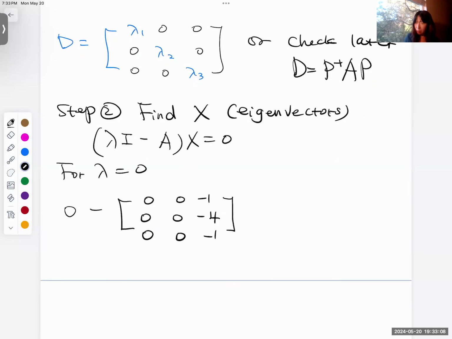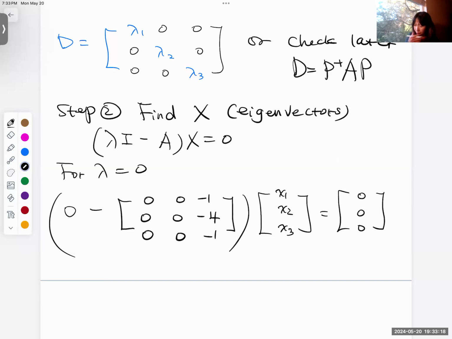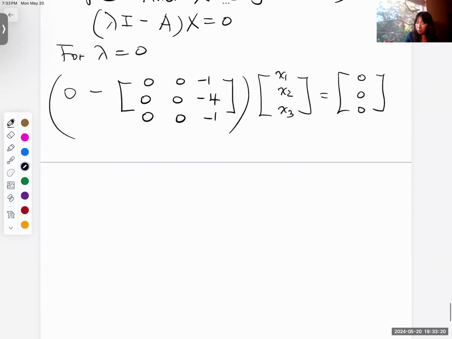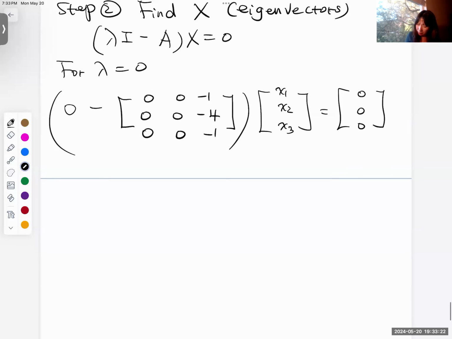And x of 1, x of 2, x of 3 equal to 0, 0. Yeah. Okay, so we have 0, 0, positive 1, 0, 0, positive 4, 0, 0, positive 1, right?